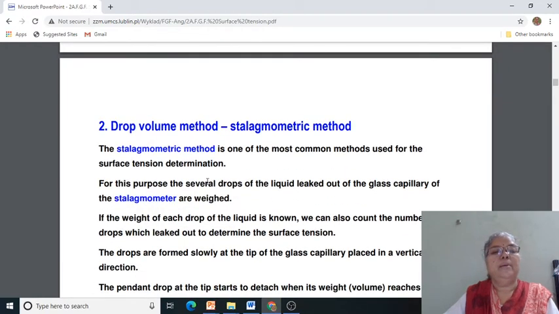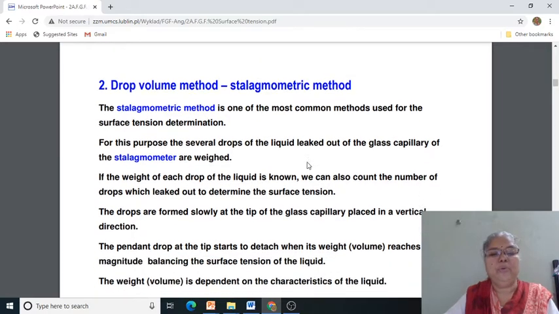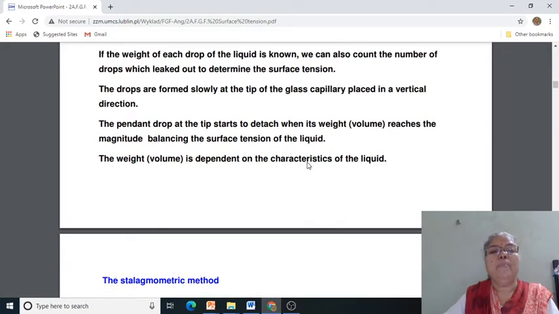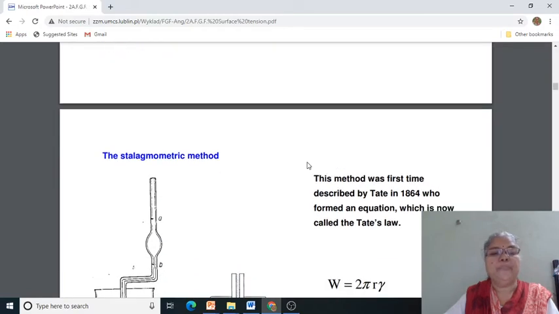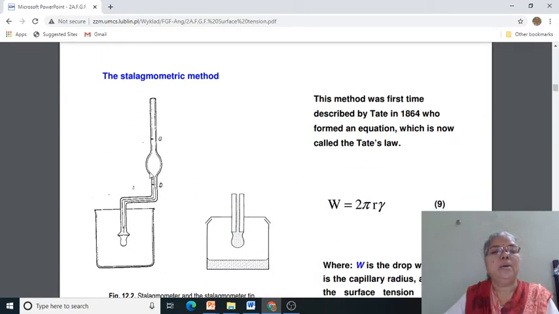Then last time we have seen the drop volume method, with the help of the stalagmometric method. And you know the stalagmometer is nothing but a pipette provided with a glass bulb at the middle, and simply we have to determine the number of drops formed. This is the construction of the stalagmometer here.